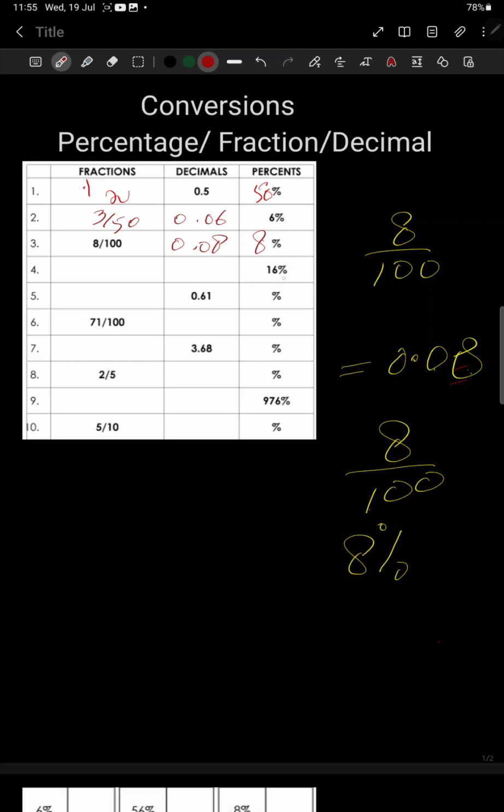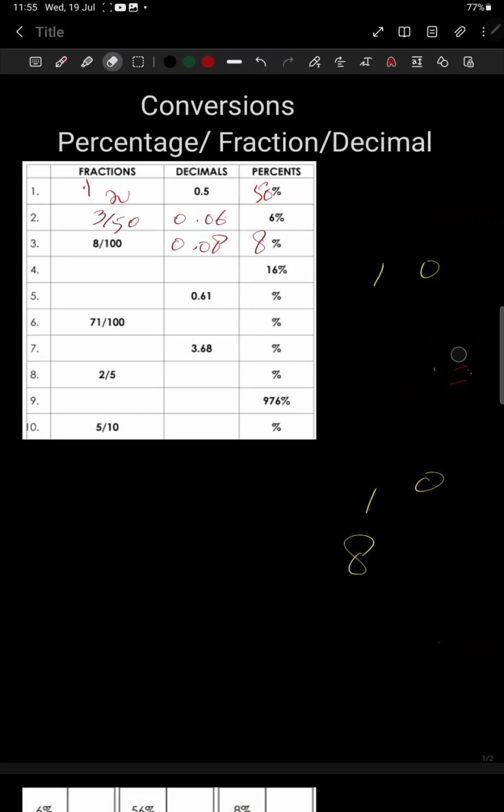The next one is given in 16%. So it is given in percent again, so it will be very easy to do. 16% means 16 out of 100. So making it into decimal, 0.16, 2 steps back, 1, 2.